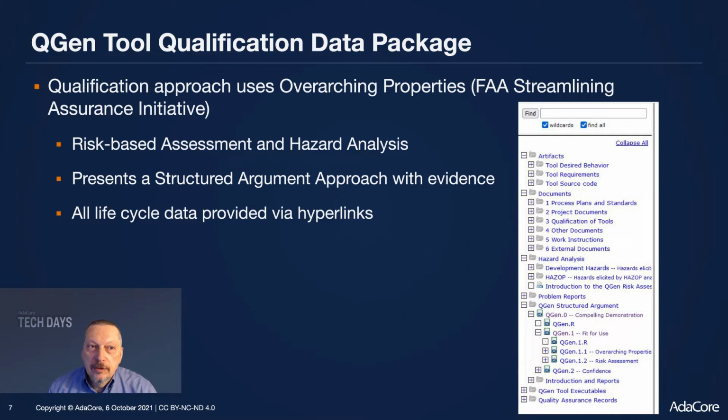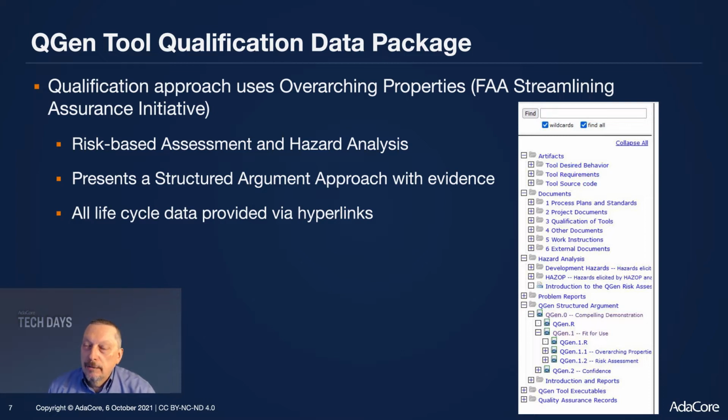So what does this look like? So first of all, we're not following a standard DO-330 tool qualification approach. We're making use of the FAA's Streamlining Assurance Initiative on overarching properties. This allows us to establish a risk-based assessment and hazard analysis related to the impact of the generated code on the application.